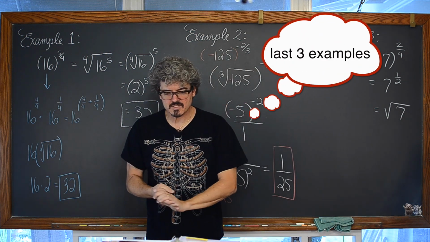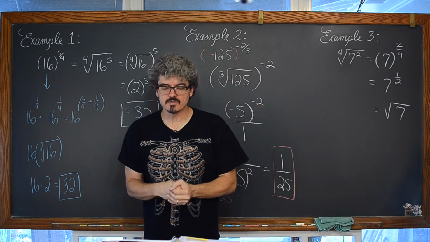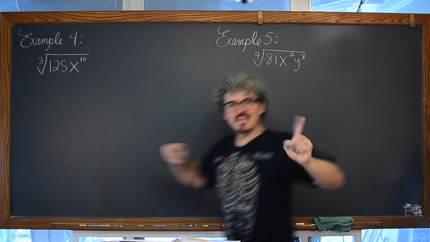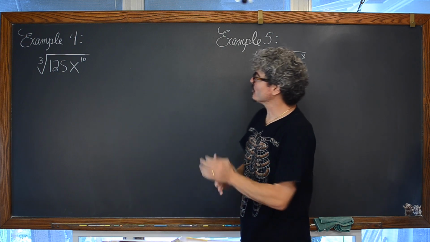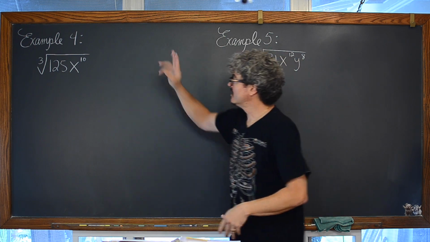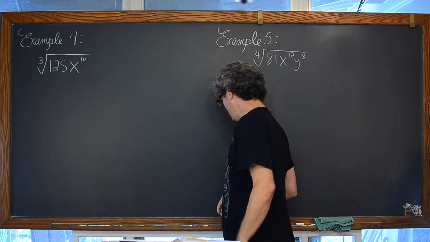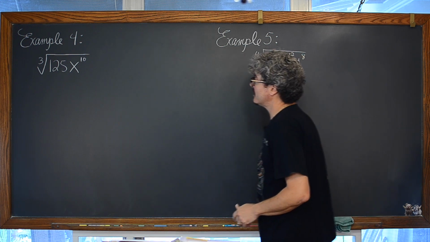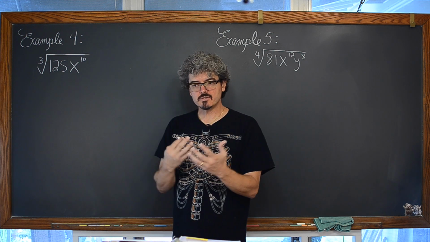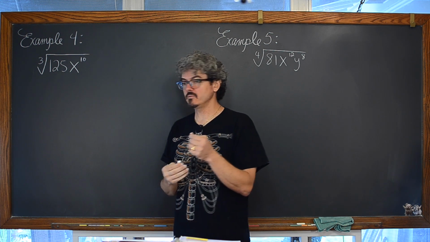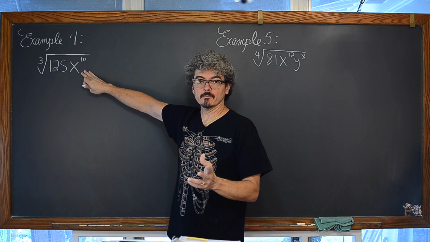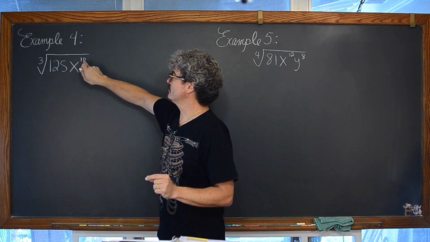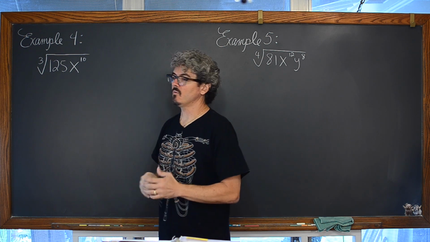Now let's get on to our last two examples that involve some variables inside the radical. In example 4, we have the cube root of 125 times x to the 10th power. Now we're starting to deal with variables inside of our radical, and we need to make sure that we pay attention to the domain here. We're taking the 3rd root of a number being raised to an even power.